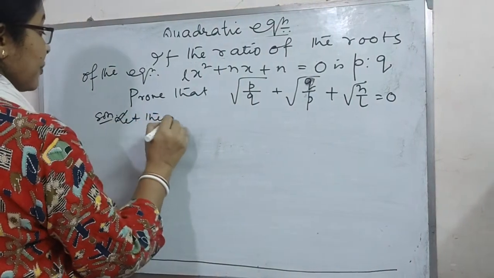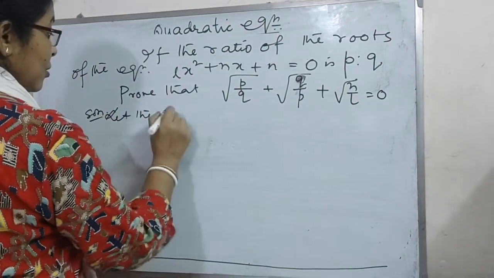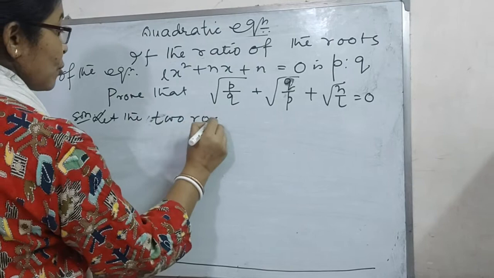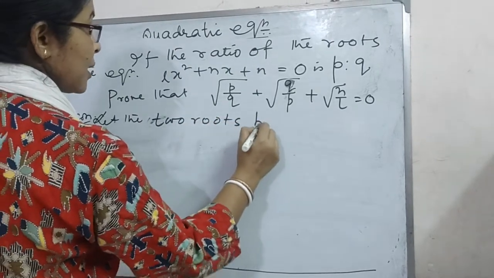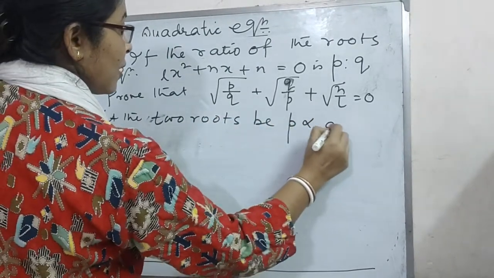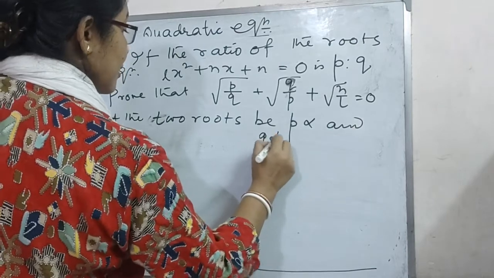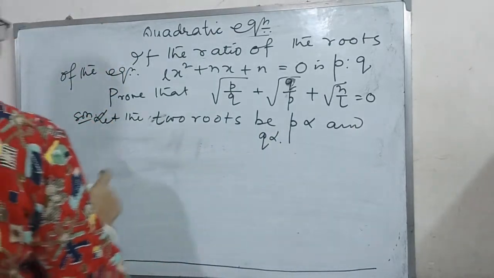Let the two roots be P alpha and Q alpha.